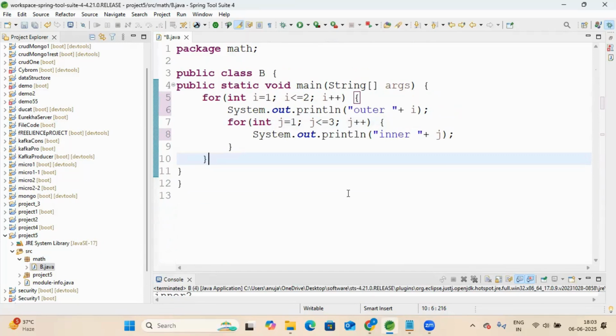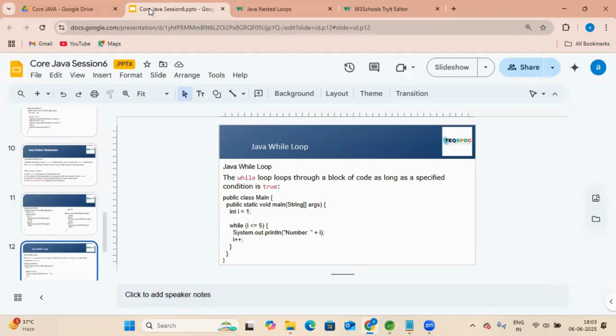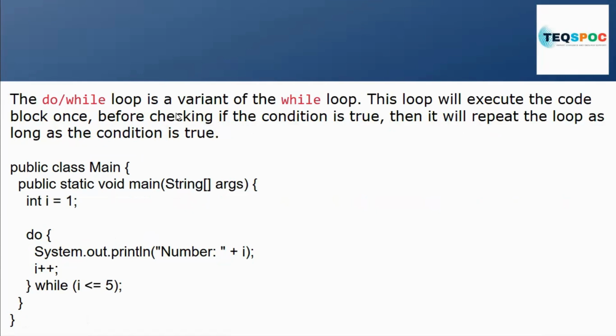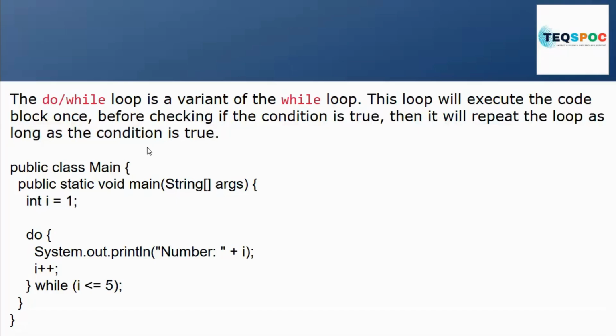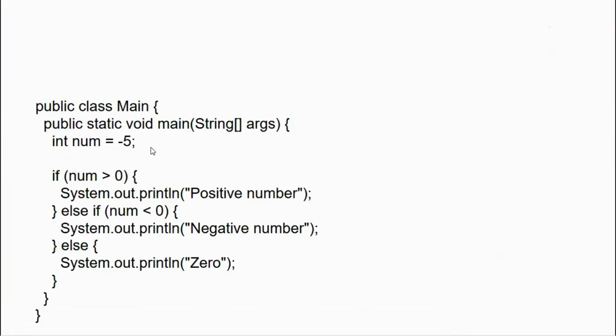After that, next, let me go back to our slide. Close this one, close this one. We have seen the while loop, and we have seen the do while loop here. So this much till this session.